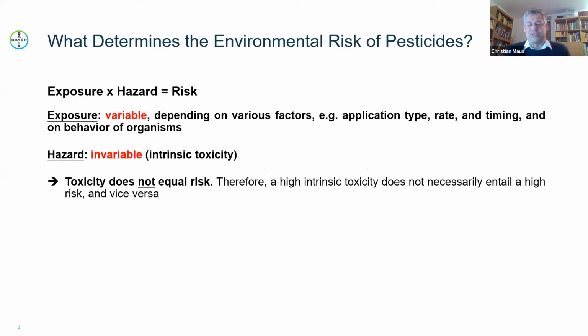Exposure is a variable and depends on various factors like how a product is applied, the application rate, the application timing, or the behavior of organisms that may be exposed to it. The hazard, in contrast, which here is the same as the intrinsic toxicity, is invariable. So that means that toxicity does not equal risk.